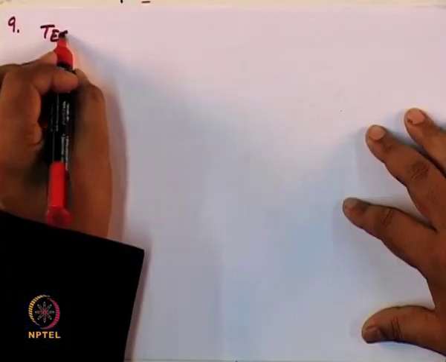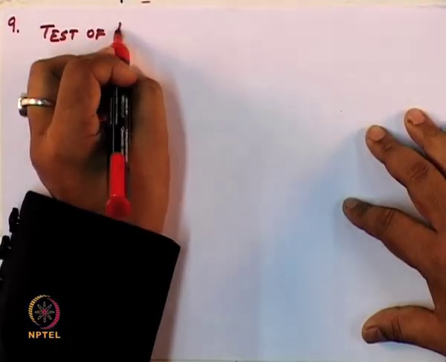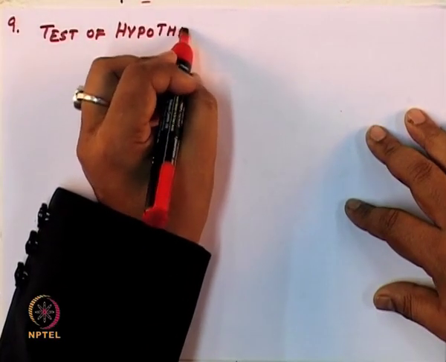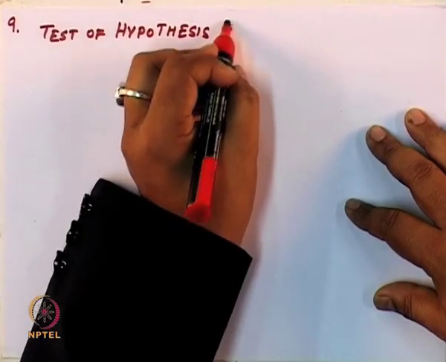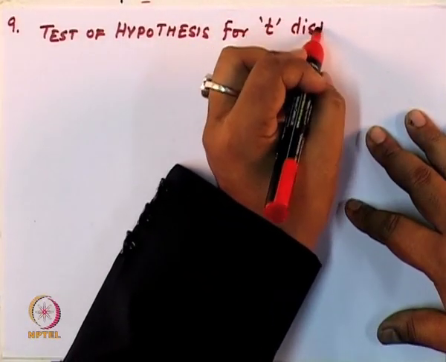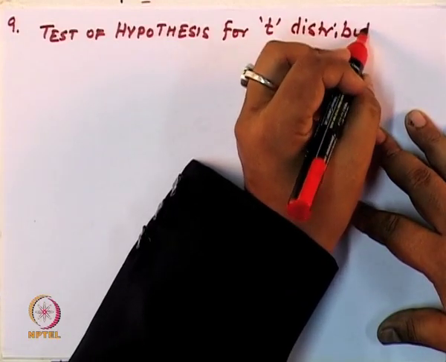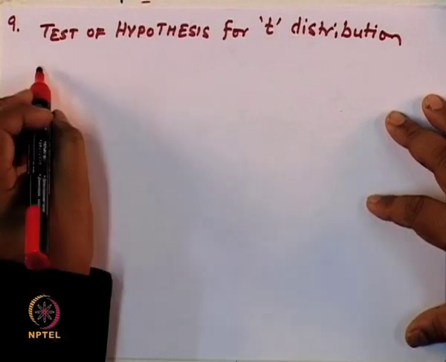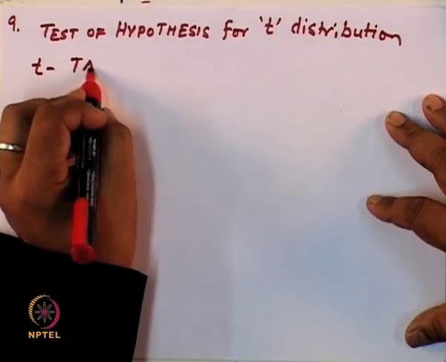So, for a t distribution, how do we do a test of hypothesis? What is provided in a t table are the following.